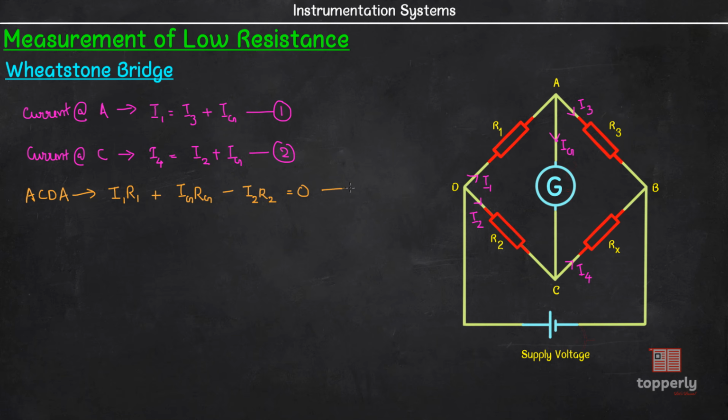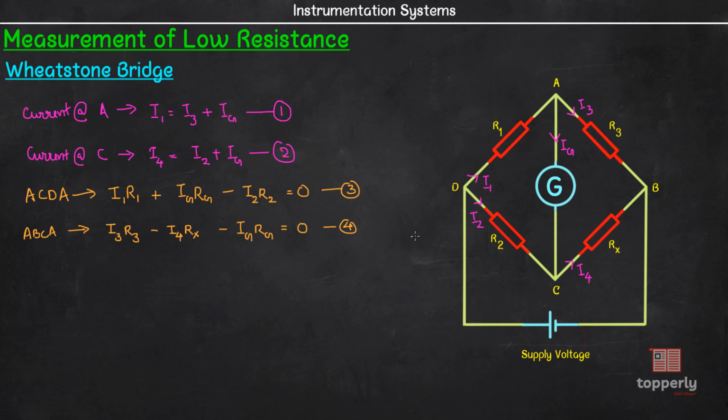Let's name this equation number 3. Similarly, the voltage in the loop ABCA can be written as I3 into R3 minus I4 into Rx minus Ig into Rg, and this is equal to 0, and let us name it equation number 4.